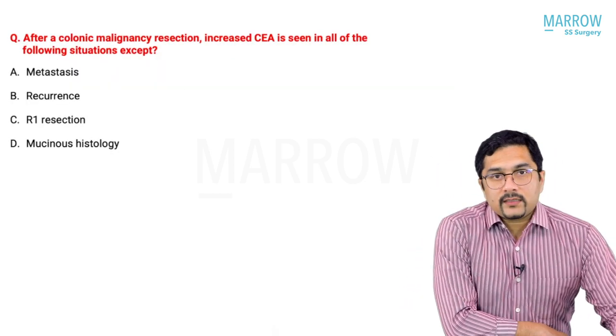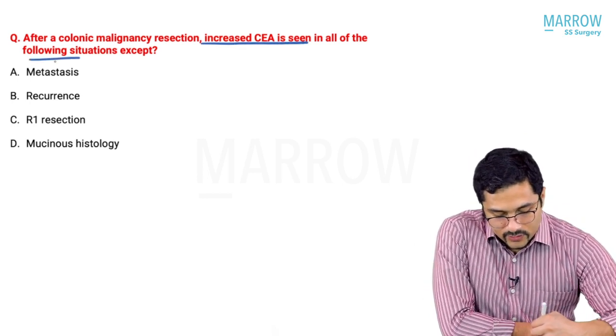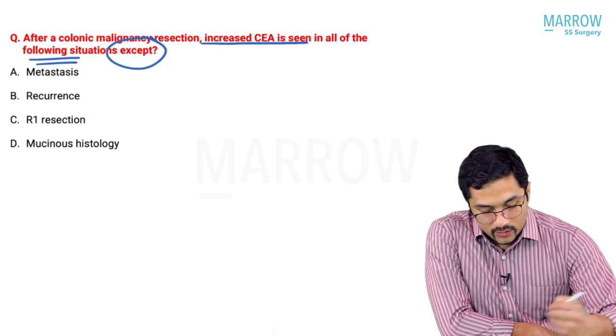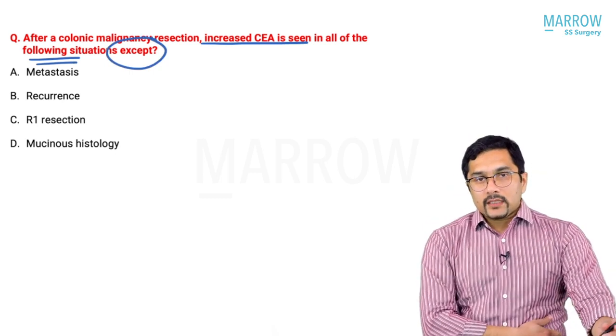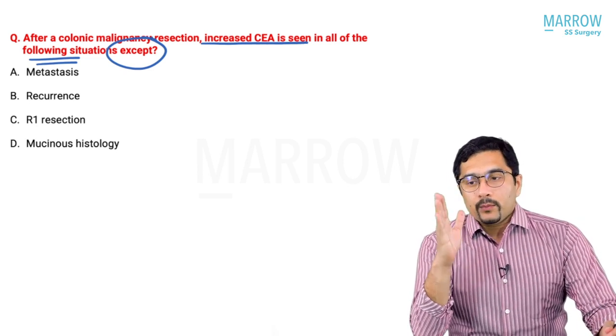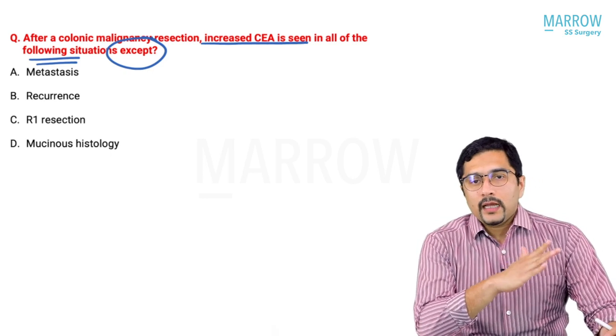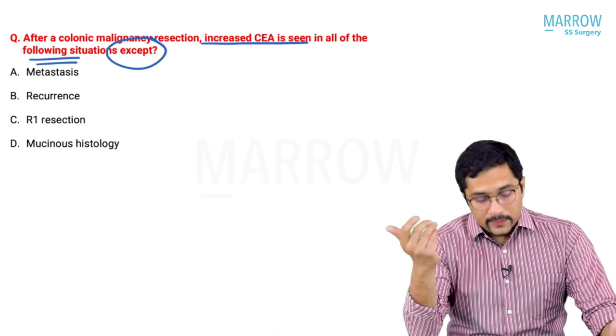After colonic malignancy resection, increased CEA is seen in which of the following situations, in all of the following situations except. So, we know that carcinoembryonic antigen is a tumor marker for CA colon, and we do the CEA before surgery and then we monitor the CEA values in the follow up period.